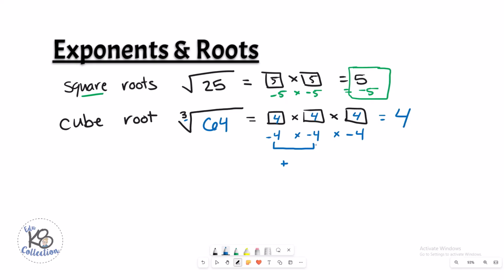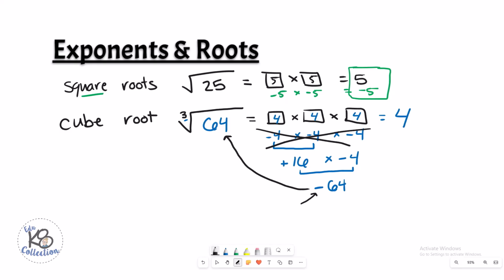So 4 times 4 is 16. Bringing down that final times negative 4, well, a positive times a negative is a negative. So 16 times 4 is 64, but our answer is negative, and that is not the radicand. So the negative option that we had with the square root does not work for a cubed root.